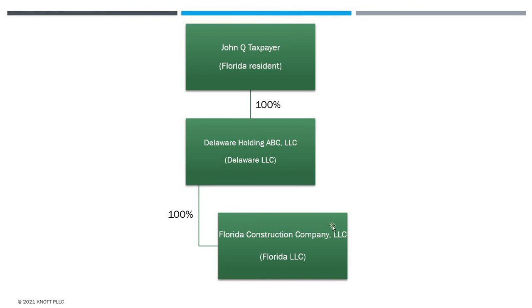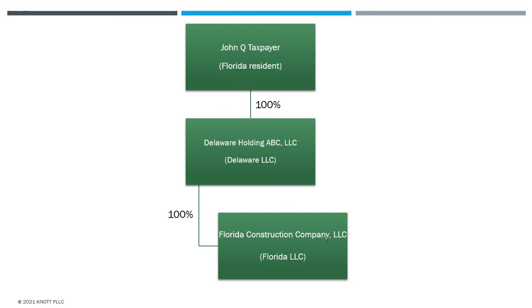So let's say John owned 100% of this Florida company directly. The Delaware entity was not in here. Same fact pattern: if John is sued personally, they need his assets. Because he personally owns 100% of this Florida LLC without this protection in the middle, it is possible for that creditor to go into the Florida Construction Company LLC, take the assets, and sell them off to satisfy the judgment. Obviously, that's not what you want.